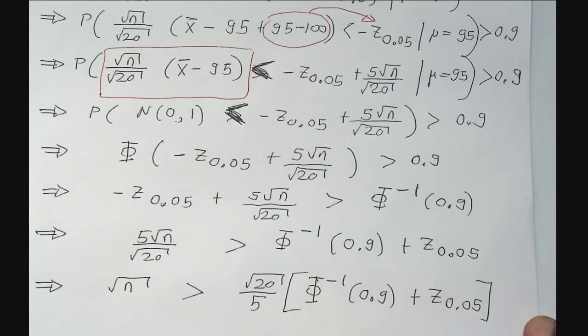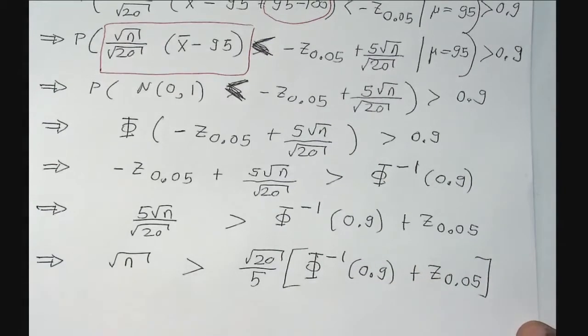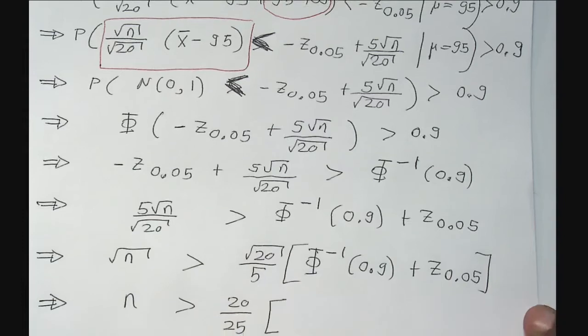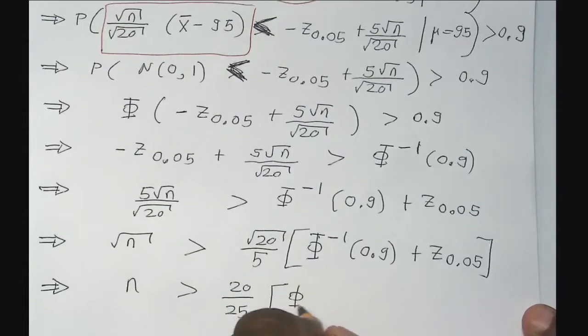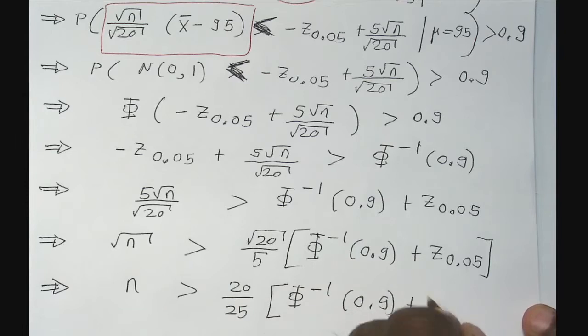Now finally, if you square both sides, this will become n greater than 20 times the square of that over 25. So this is the answer, guys.